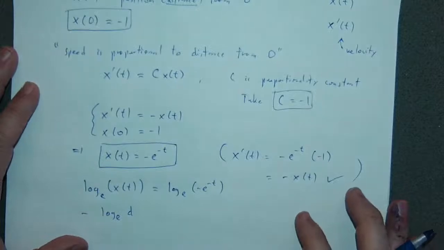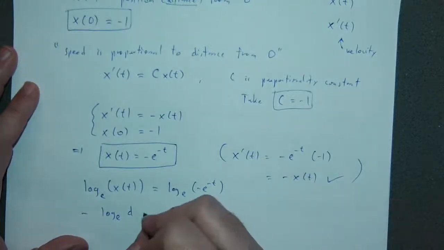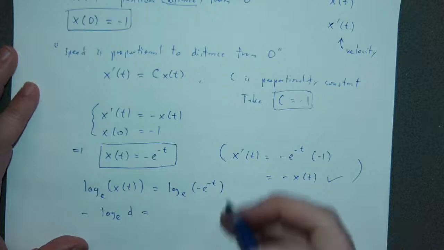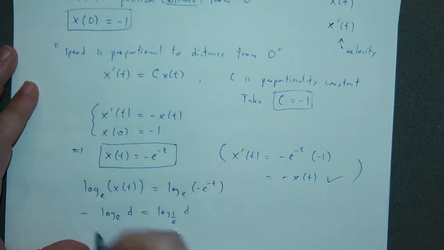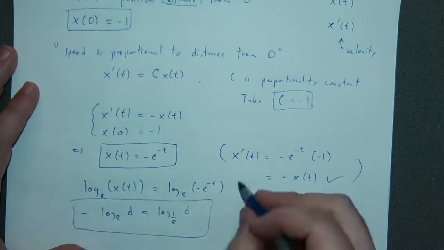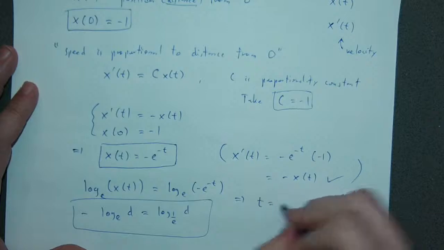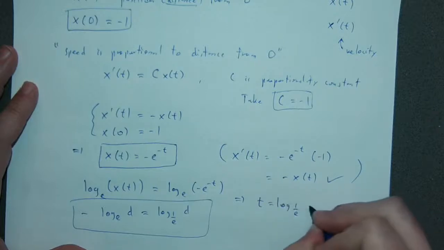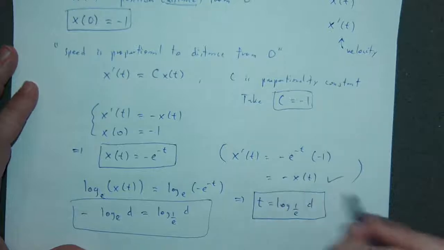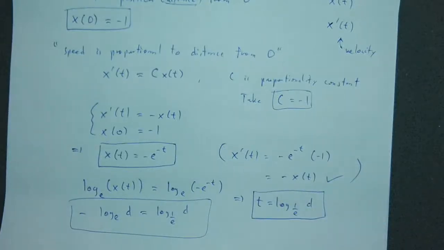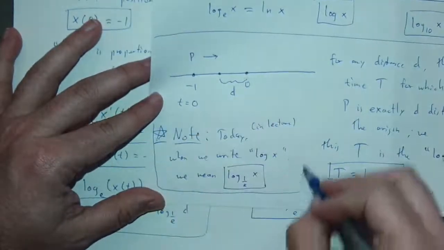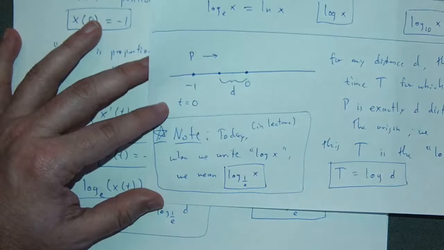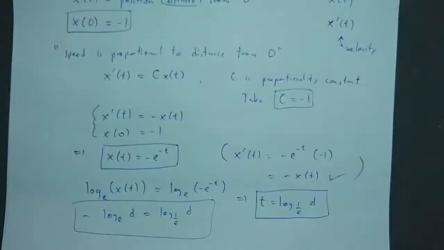This is the same thing as writing it as log base 1 over e of d. So what this is saying is that this t is equal to log base 1 over e of d. And so when I had that fact starred on the previous page, that is where this comes from. So when I say log x for the rest of this discussion today, I mean the log base 1 over e of x.